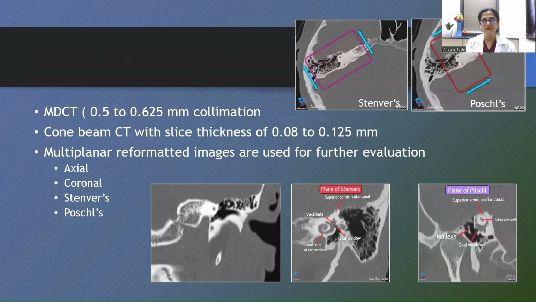A Poschl's view is perpendicular to the axis of the petrous bone, and you can see the entire semicircular canal in this type of imaging. You always ask for digital DICOM images so that you can view them on your computer and go step by step and look in all the planes.